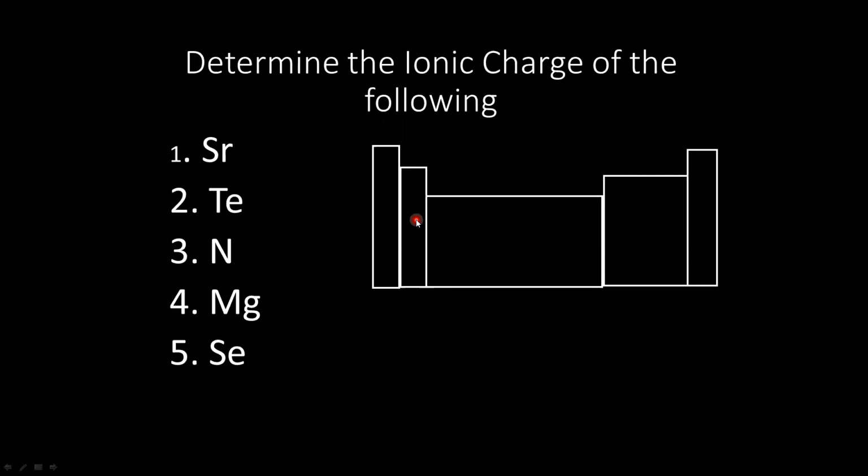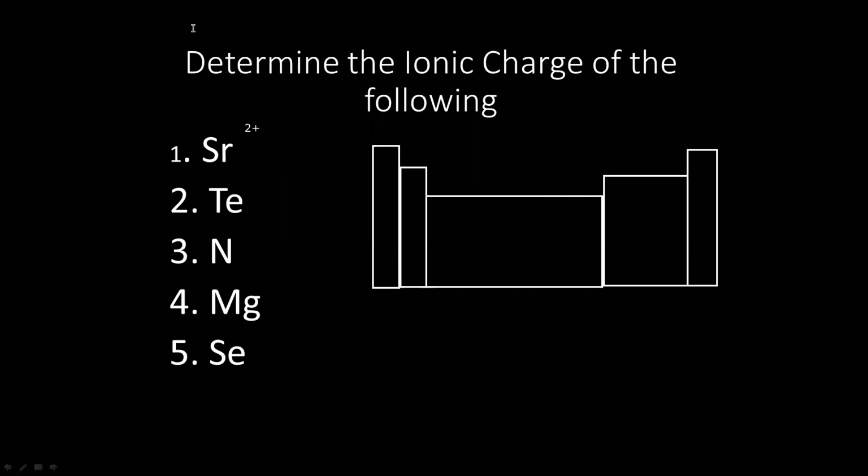And if I move it to the edge, I'm going to move it to the left. I'm going to go 1, 2. Once it gets off the edge, that's how much charge it has. And if it goes to the left, that's positive. And metals are always positive, so we will say that its charge is a positive 2.